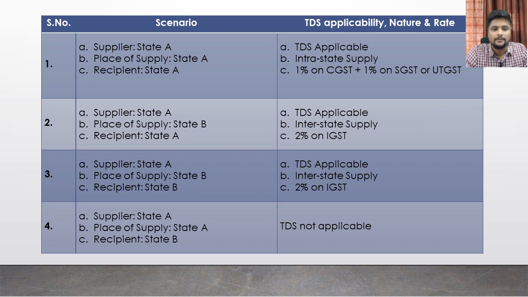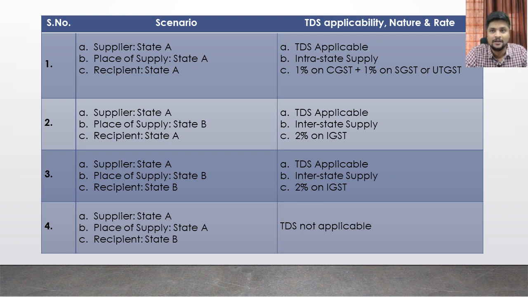Okay, scenario number 2. In scenario number 2, the supplier is in state A as well as the recipient is also in the same state. However, the place of supply is in a different state. In those cases, it is called interstate supply. We have already discussed place of supply provisions, which is called intrastate, interstate.